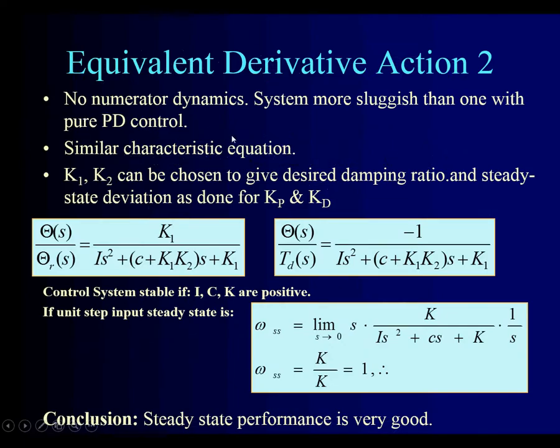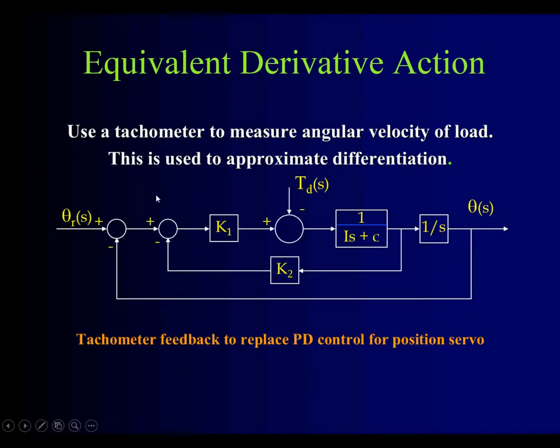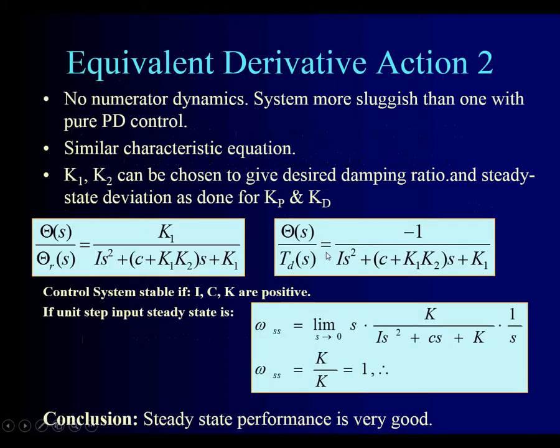What we're doing here on this slide is, if you build it like this, in fact you are building a derivative control. So in this case the system is more sluggish than with pure PD control.